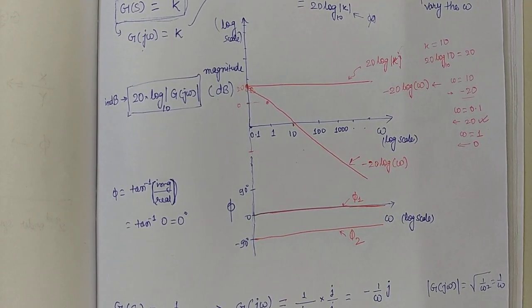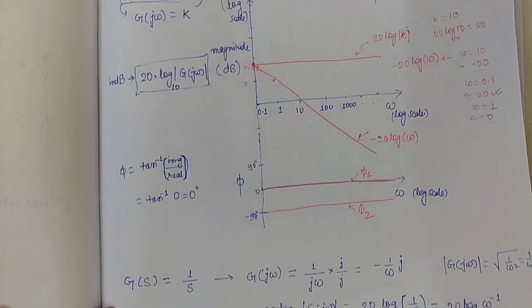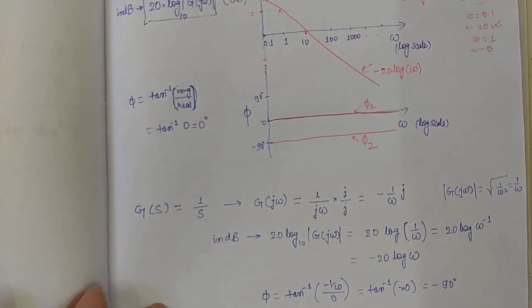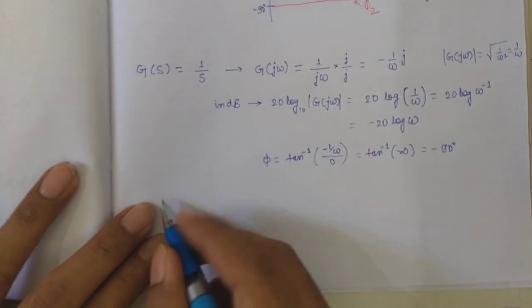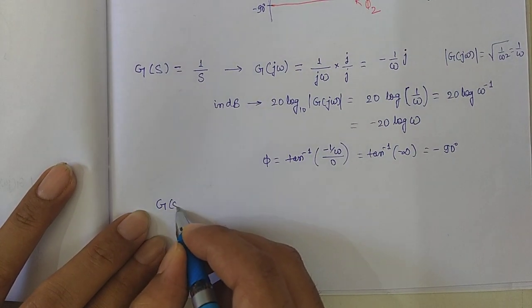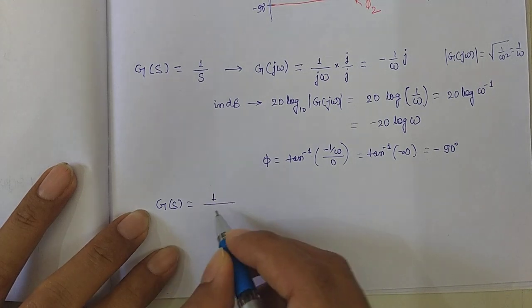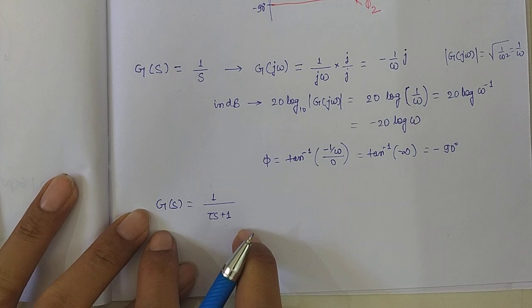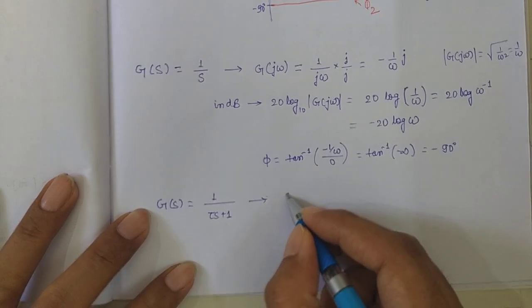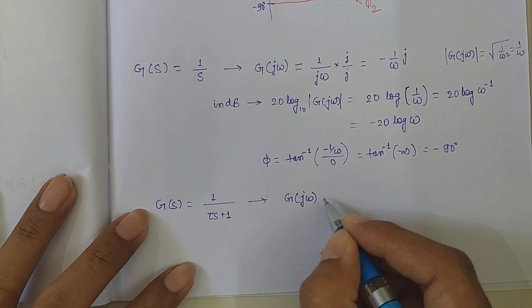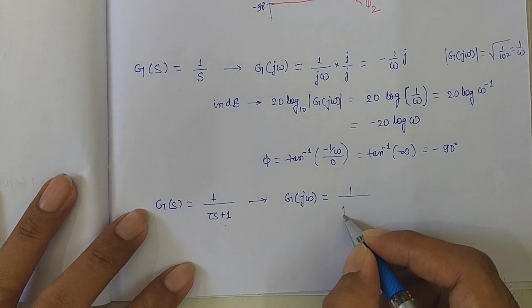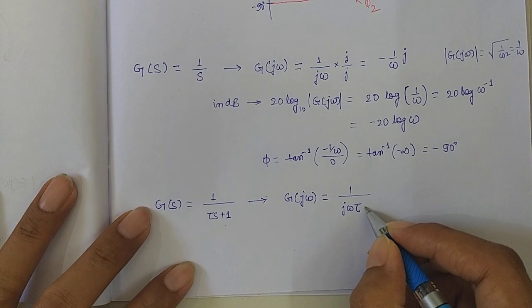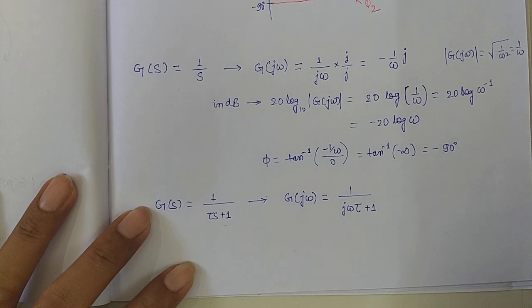Okay, now let's talk about the third system. Your G(s) is 1 upon tau s plus 1. So this is a typical first order system. Now let's convert into G(j omega) form. So 1 upon j omega tau plus 1.